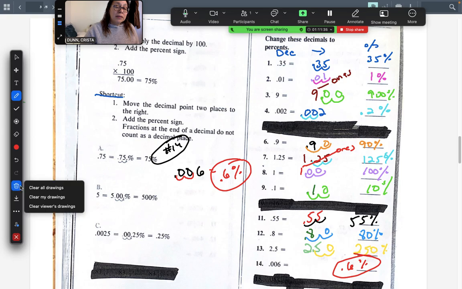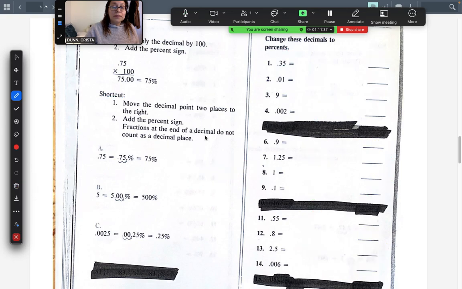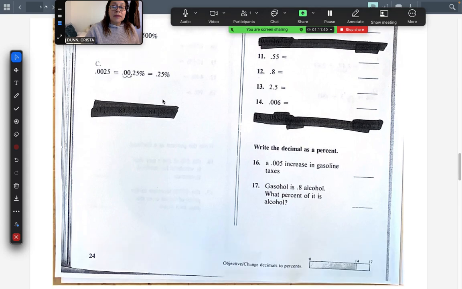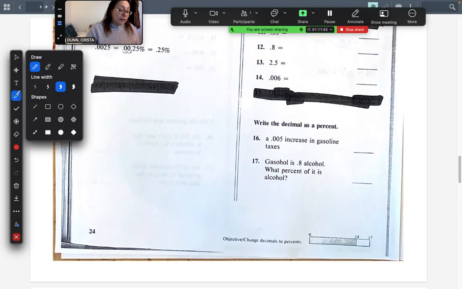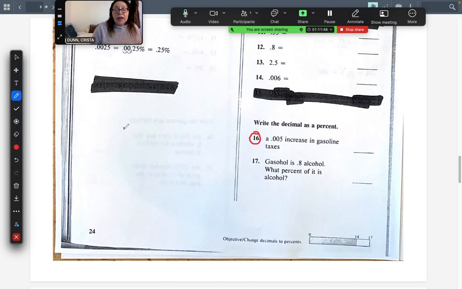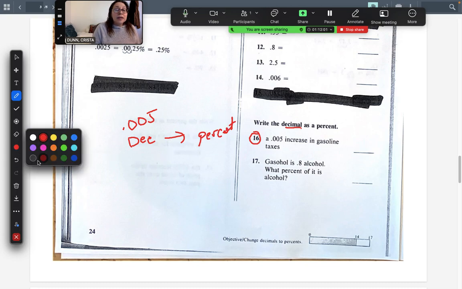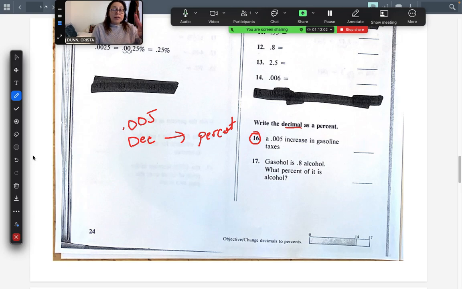Let's look a little bit below. Here, I've got 0.005, and they're saying write this decimal as a percent. And so, of course, I'm going to take that decimal point and move it over how many place values? And I'm going to move it two place values bigger, right?